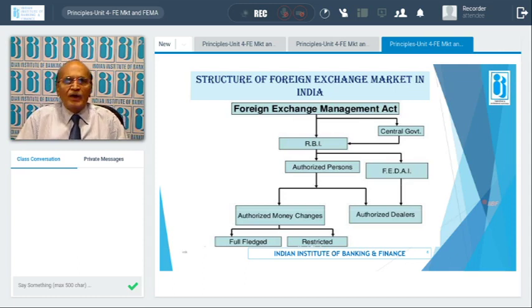The RBI appoints authorized persons, and there is an advisory body called FEDAI. We'll have a look at what the functions of FEDAI are in the subsequent slides. There are authorized dealers and authorized money changers. And authorized money changers again are divided into two classes. One is called full-fledged money changer, and the second one is called restricted money changers.